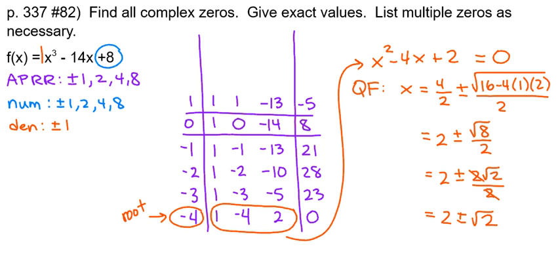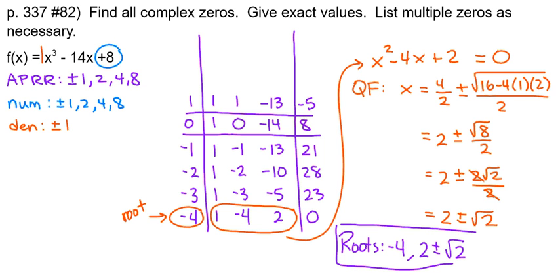It said to keep the values exact in the directions. So we have our remaining 2 roots. So the 3 roots altogether are negative 4, and then 2 plus or minus square root 2. If we were graphing this polynomial, we would take these and put them in the calculator and get the approximate values, and then we would know what to graph. But for exact values, that's it.